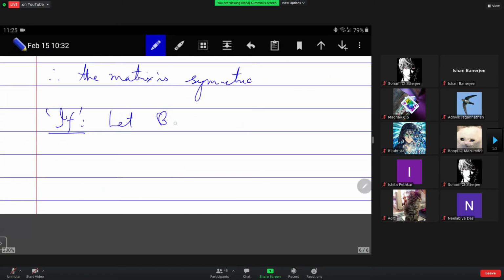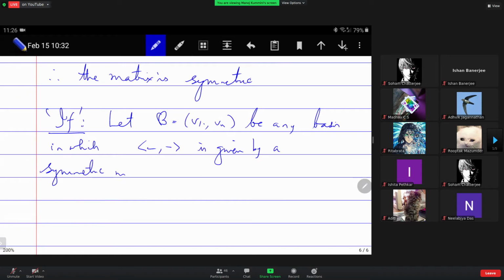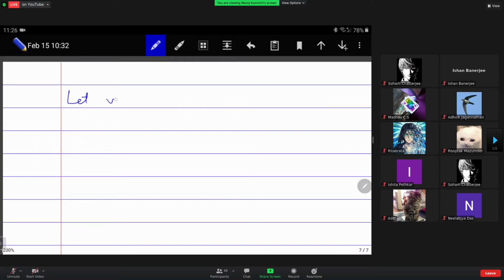If let B, V1 through Vn, be any basis in which the form is given by a symmetric matrix A. So then let V be the sum of alpha_i V_i and W be the sum of beta_j V_j. Okay. Then the form of V, W is this matrix product.